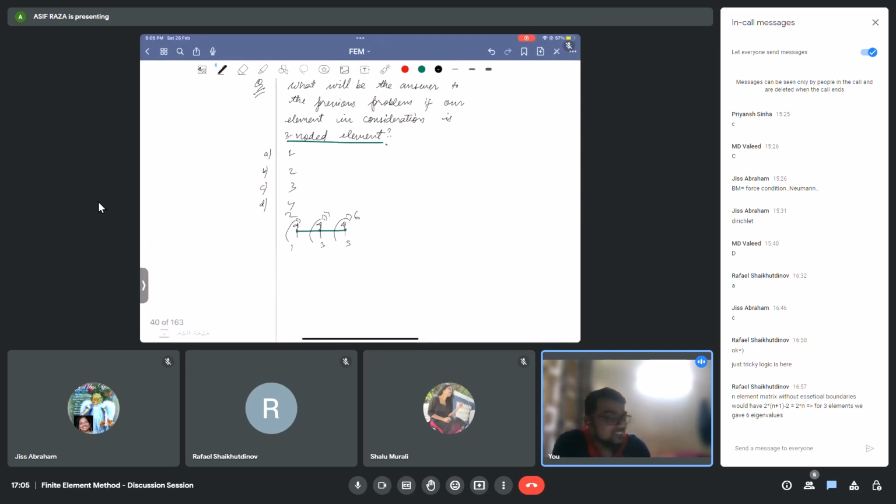So, okay, let's see. When we are taking a case of one element only, we have a six degree of freedom element, right? So for this we have a 6 by 6 global stiffness matrix, and when I remove the essential boundary condition, it will have a dimension of 4 by 4, the reduced stiffness matrix.